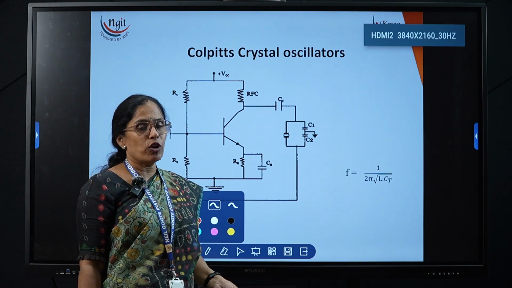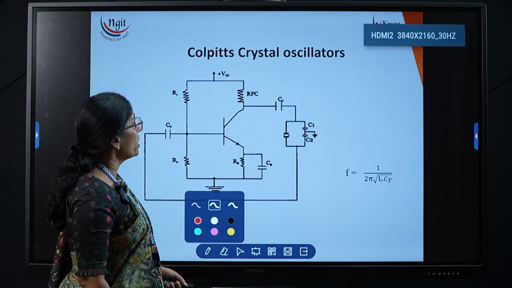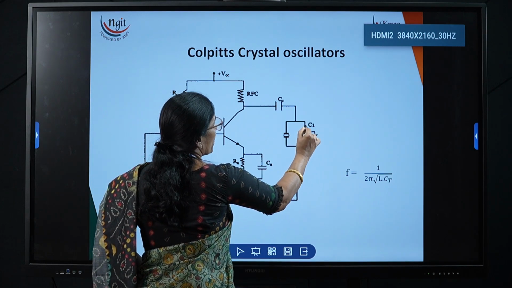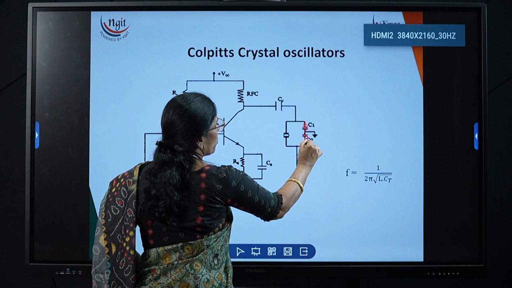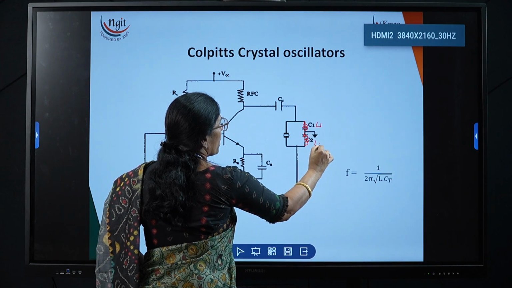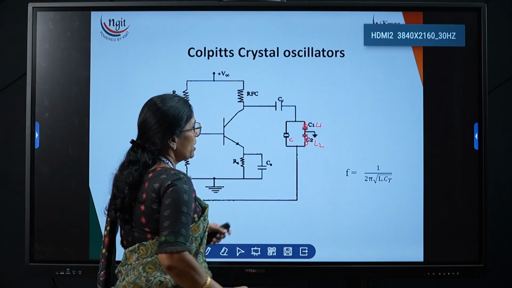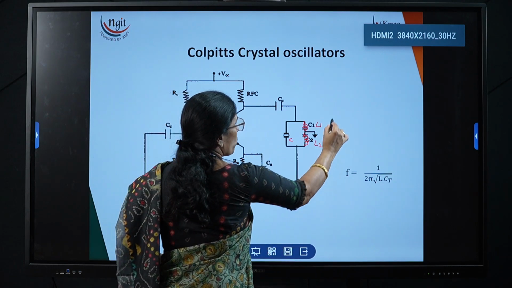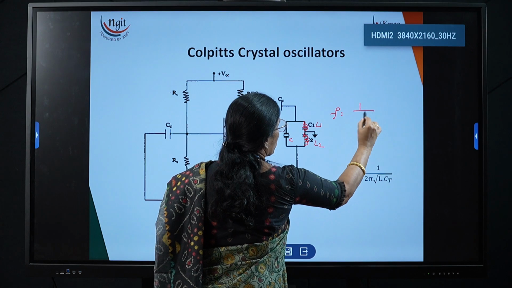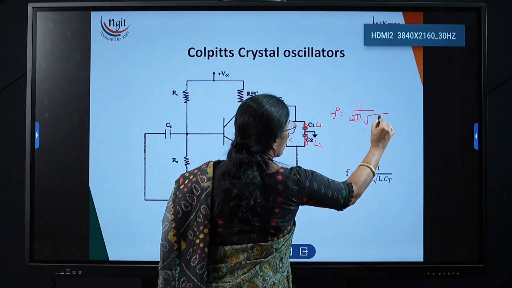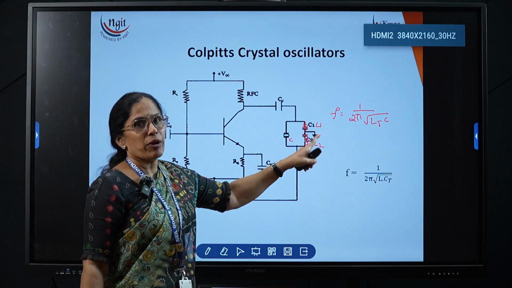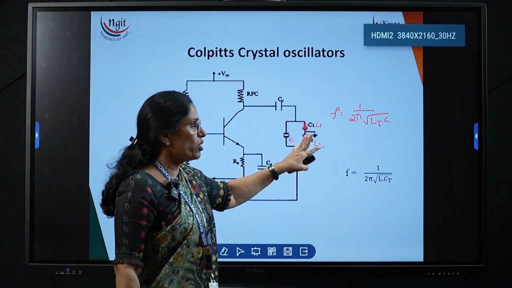Now if we want to design a crystal Hartley oscillator, in the tank circuit we have to take one inductor here and one inductor here, L1 and L2, and this is C. At that time the crystal is acting like a capacitor. So F is equal to 1 divided by 2 pi root LTC, where the crystal is the capacitor and two inductor values are used.